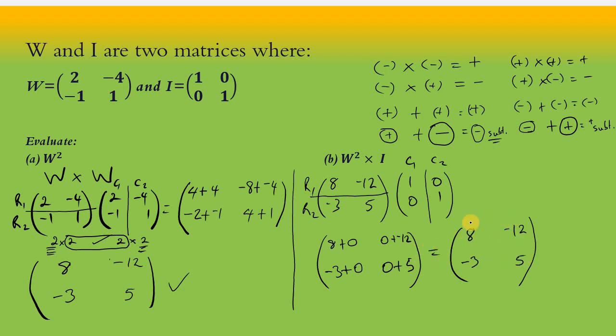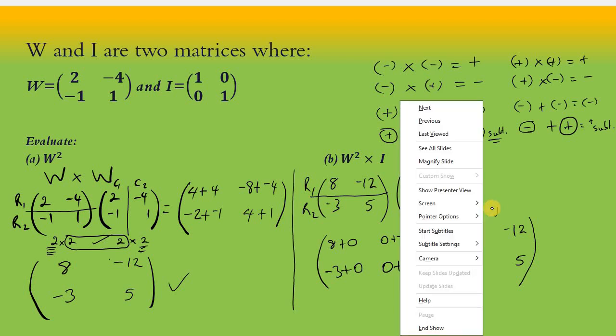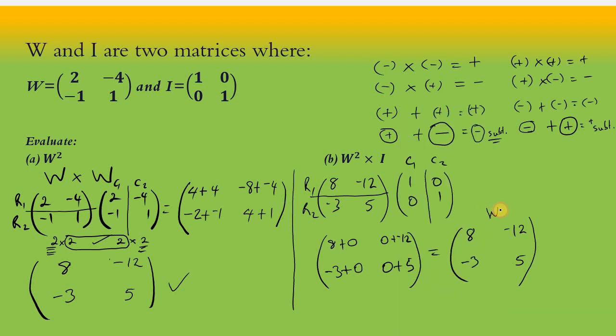Now, do you notice what matrix this is? If you look at what W squared is, do you realize that we have 8, negative 12, negative 3, 5? We still end up with the matrix W, which is W squared. Right? And that's because of the I matrix, the identity matrix, with components 1, 0, 0, 1.